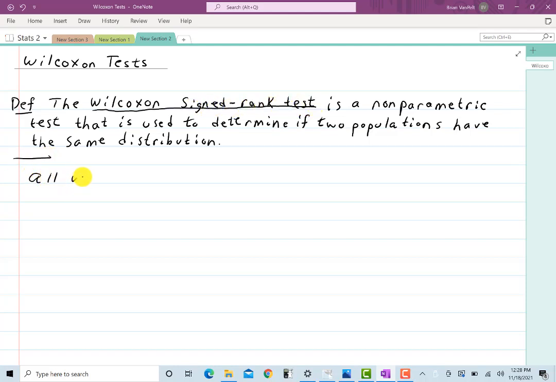All we need is a random, independent sample.